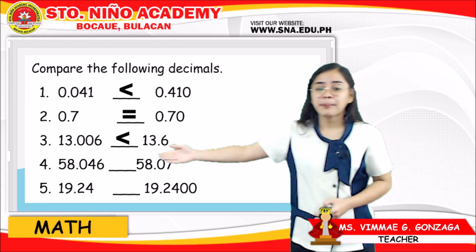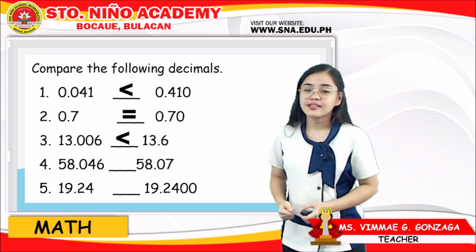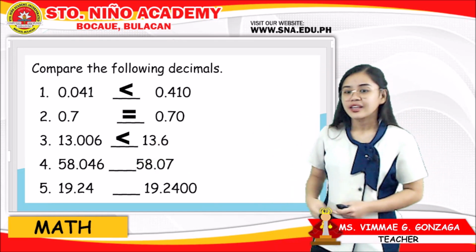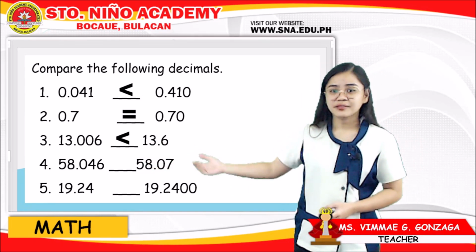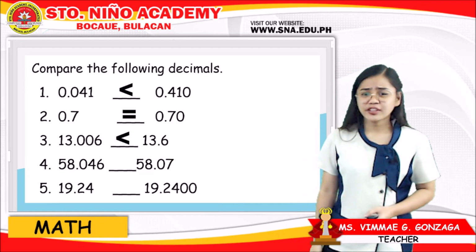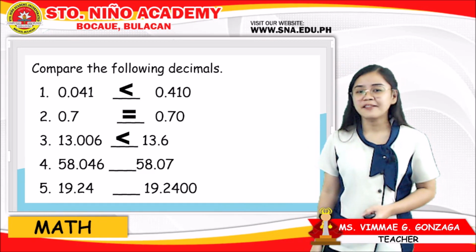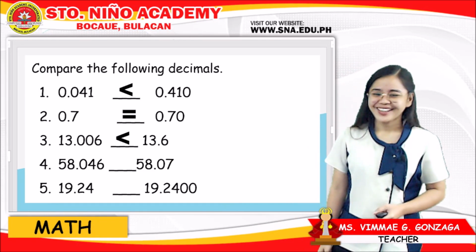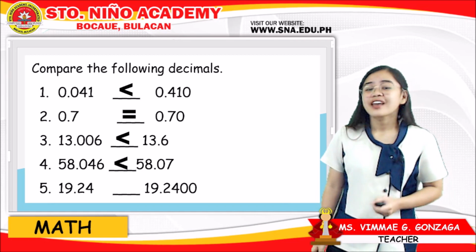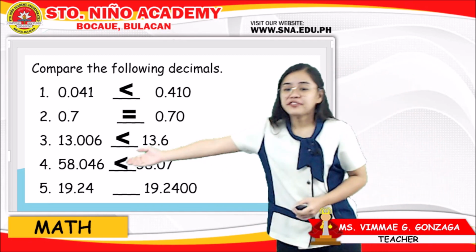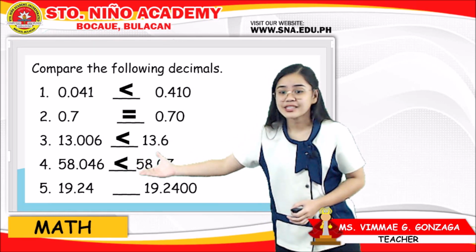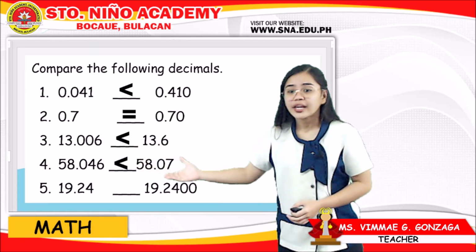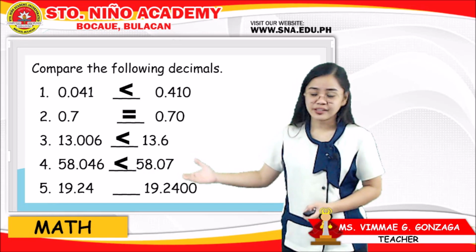We have here 58 and 46 thousandths and 58 and 7 hundredths. Greater than, less than, or equal? Very good, that is less than. 58 and 46 thousandths is less than 58 and 7 hundredths.